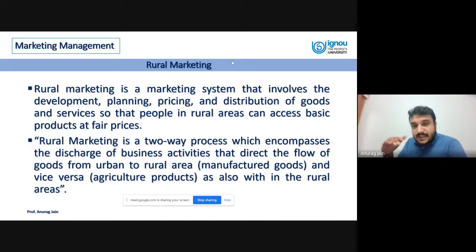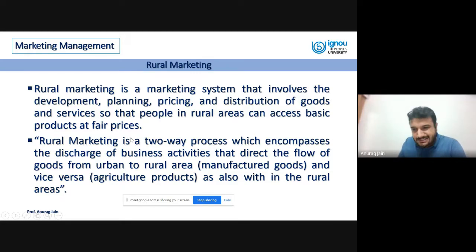Because the needs and wants, and even the way people buy something in rural areas, are very different compared to urban areas, and that is the reason a completely different approach is required. This is known as rural marketing, where we are targeting the people living in rural areas, and quality products should be available to them at reasonable or fair prices. That's the idea of it.